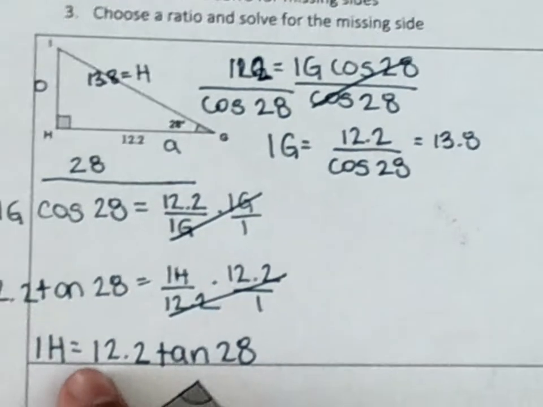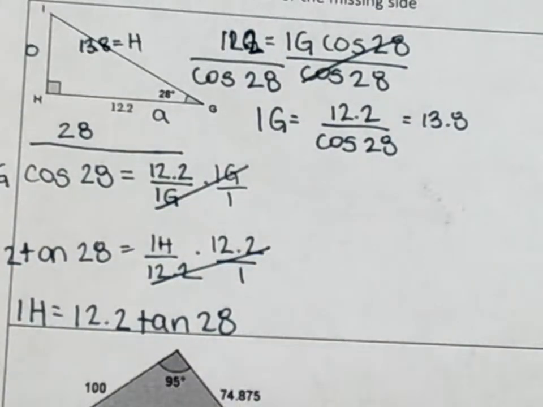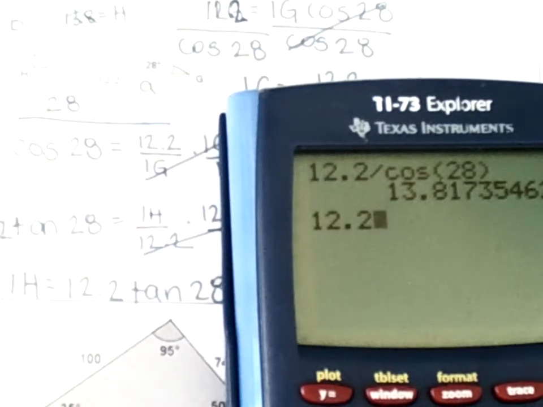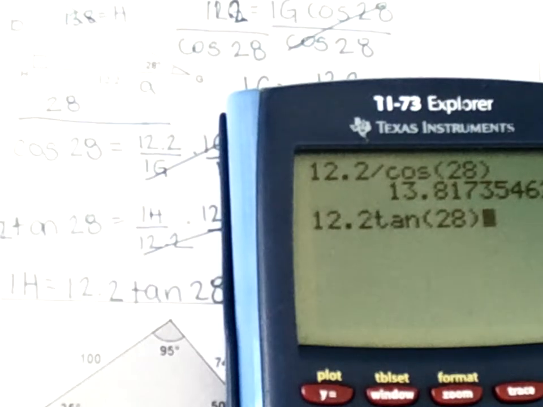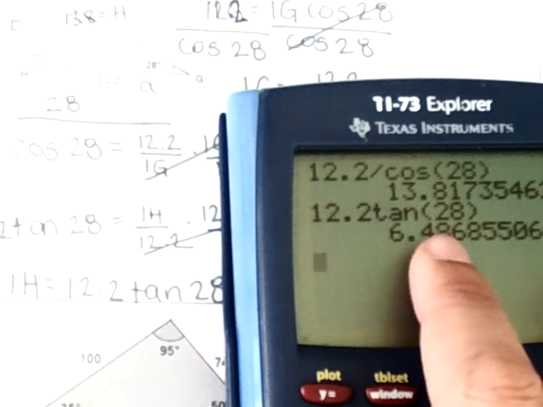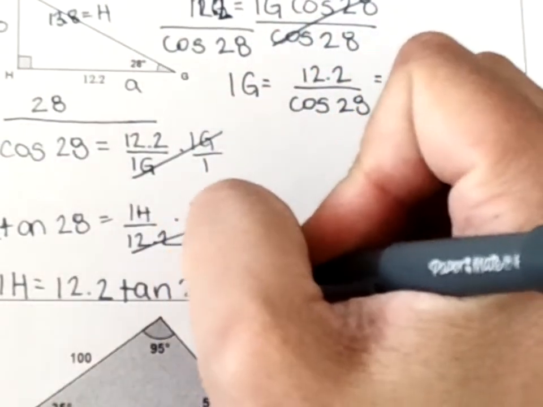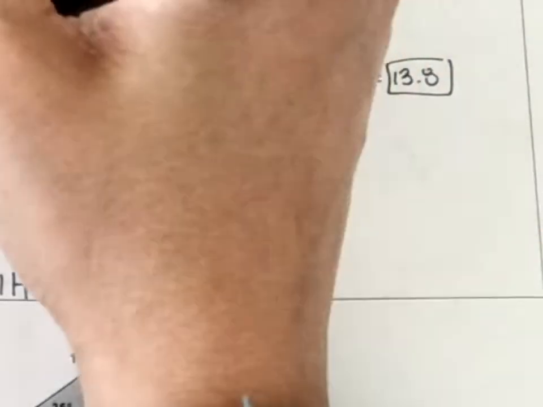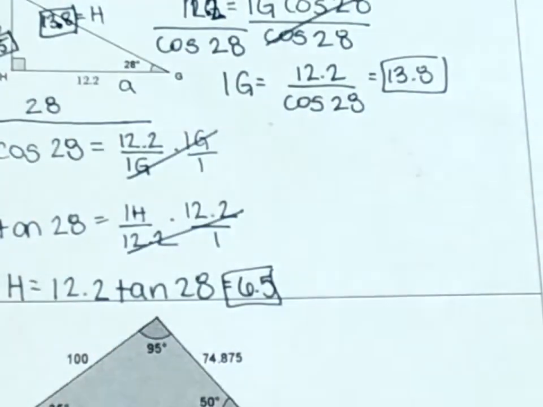And then for our short leg, 12.2 tangent of 28, that gives us 6.5, the 8 rounds the 4 up. So we got 6.5. So it's 13.8 and 6.5.